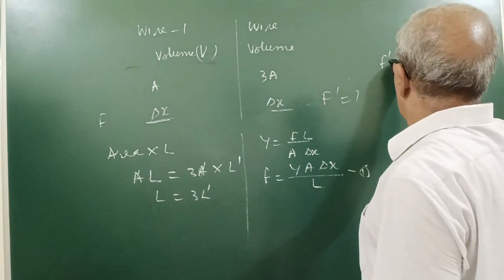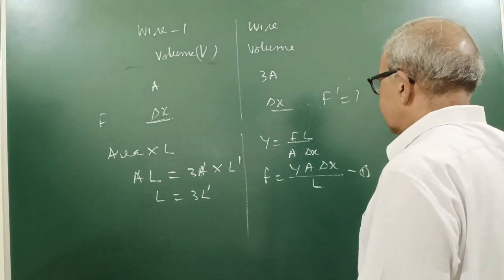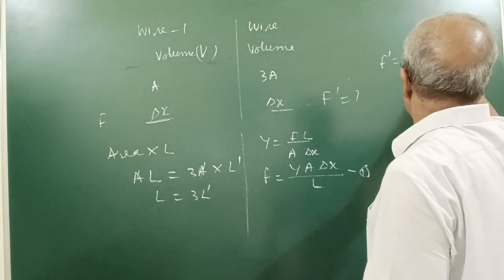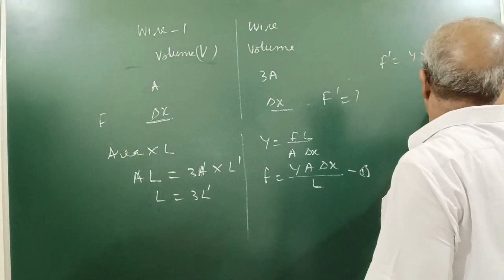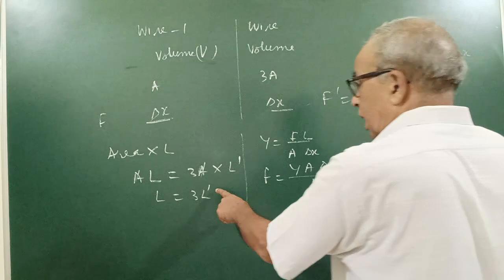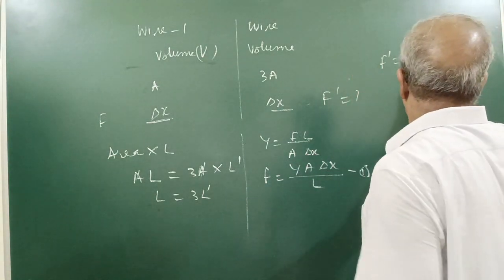F dash equals Y into area 3A into delta x upon L dash, which is L by 3.